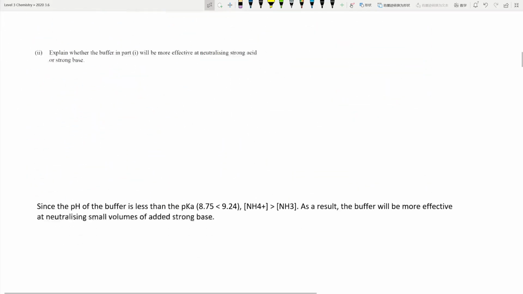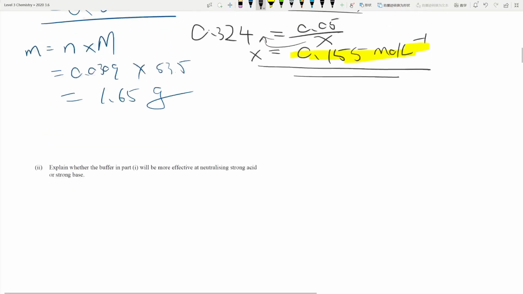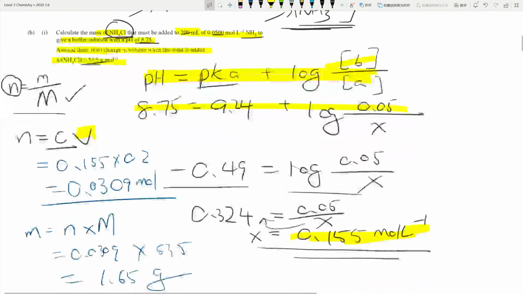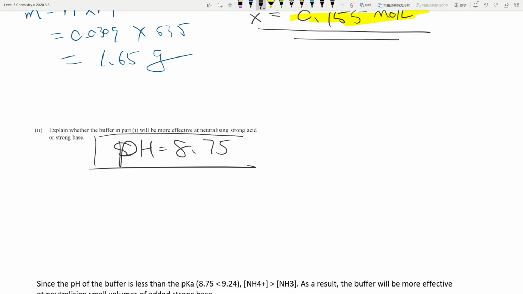Okay. Next part, explain whether the buffer is more effective against, this is actually one of the questions that we talked about before. Is it better against an acid or base? So if we look at the question, where's the pH? pH is 8.75. So pH equals 8.75. That's the thing that we get given in the previous part.